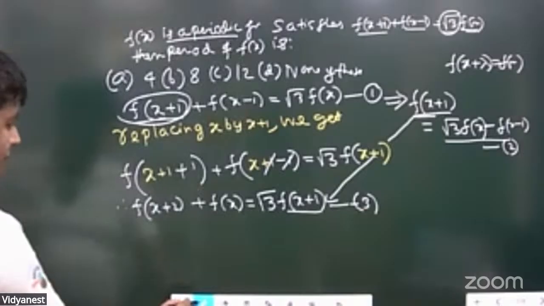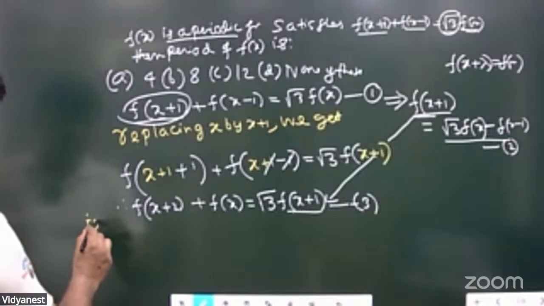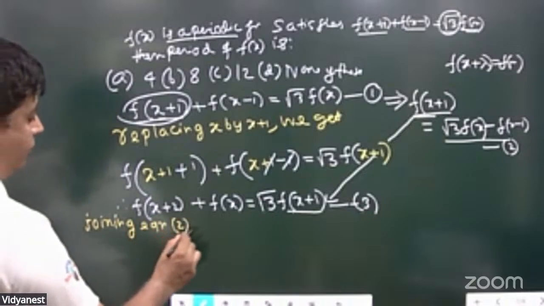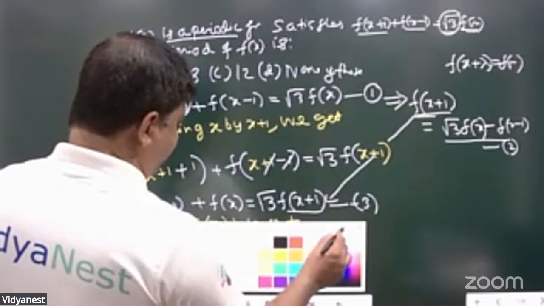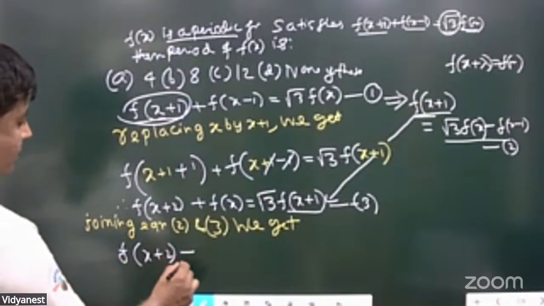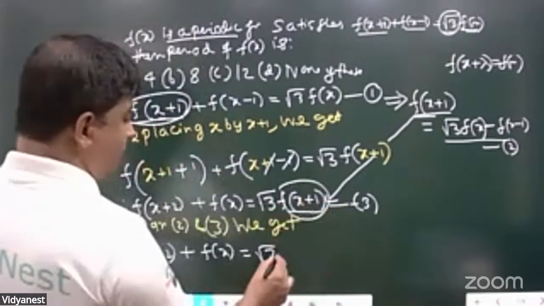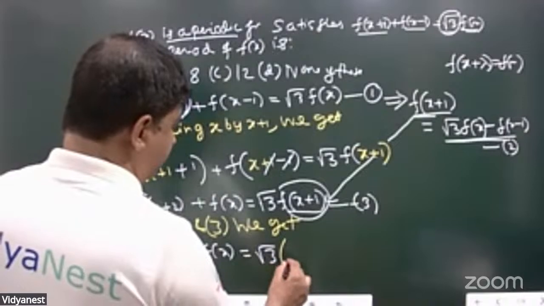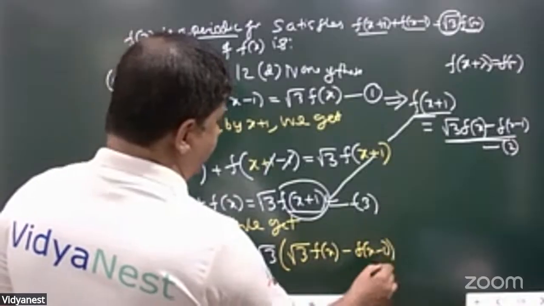So you write, joining equations 2 and 3, what do we get? f(x+2) + f(x) = √3 (√3 f(x) − f(x−1)).